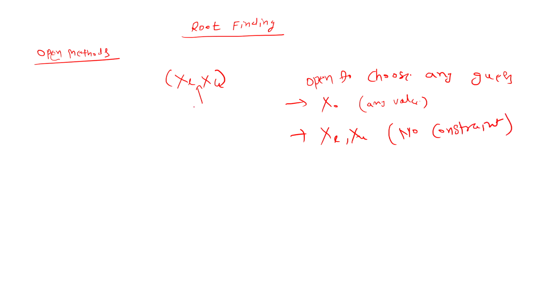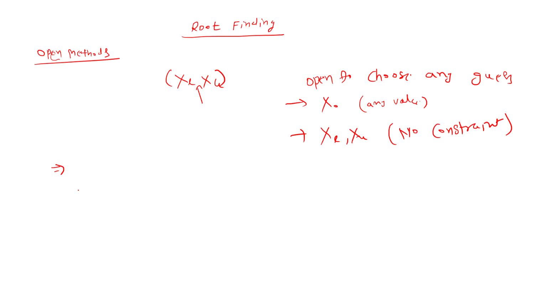While in the bracketing method it was necessary that the function values at xl and xu must be of opposite signs, so that the root must lie between x lower and x upper. So this is about the initial guess.